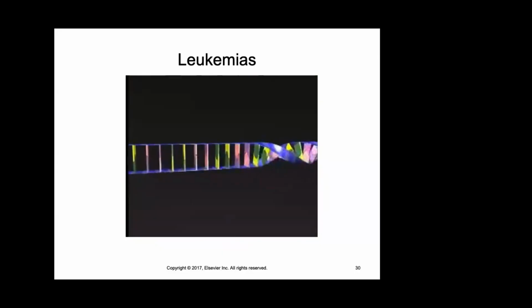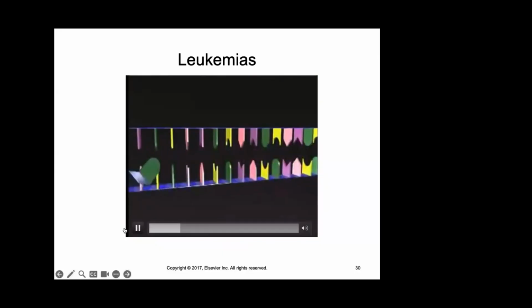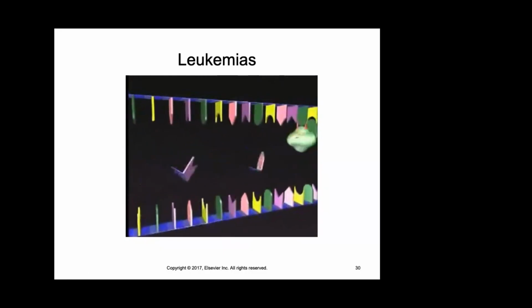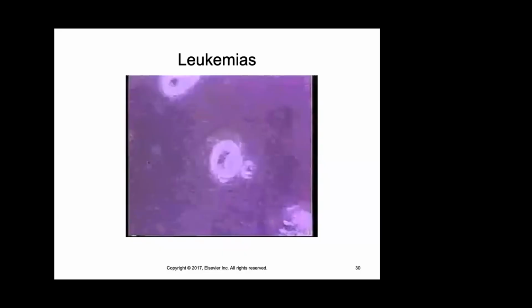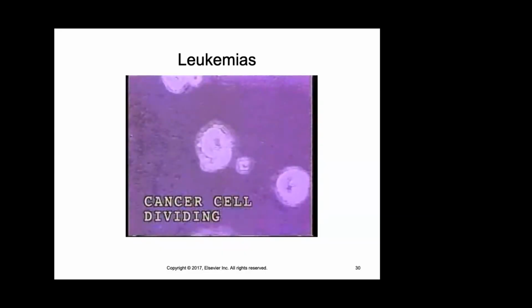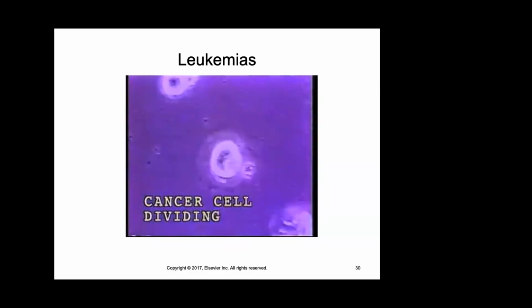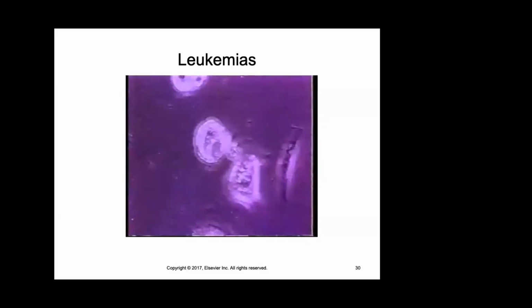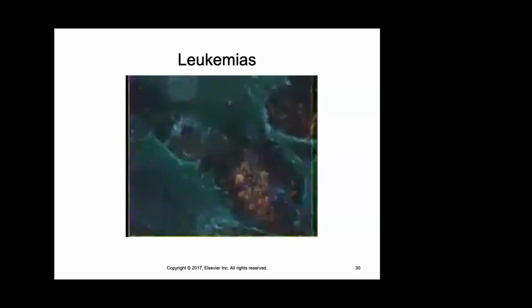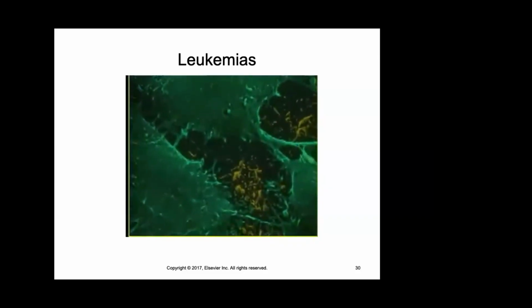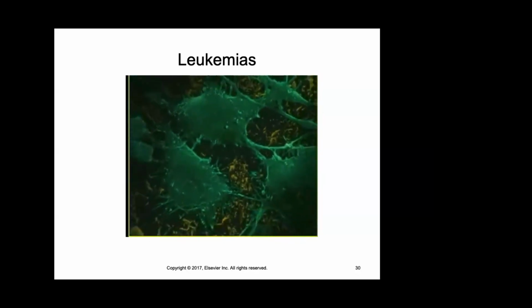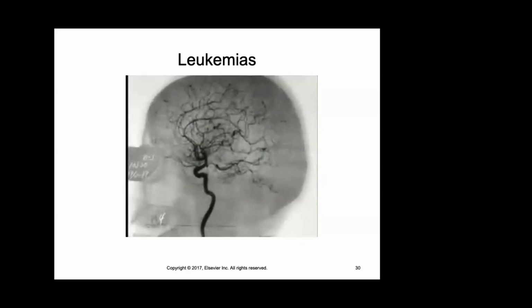Usually, there is a rearrangement of pieces of chromosomes that disturb the normal control of cell division. The affected cells multiply without restraint, becoming cancerous and ultimately occupying the bone marrow, replacing the cells that produce normal blood cells. These cancer cells may also invade other organs, including the liver, spleen, lymph nodes, kidneys, and brain.